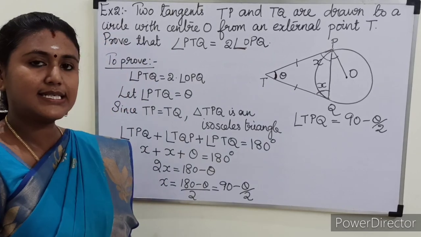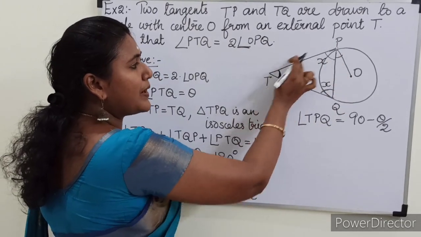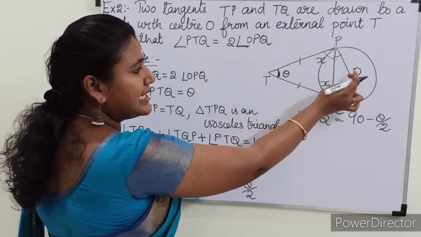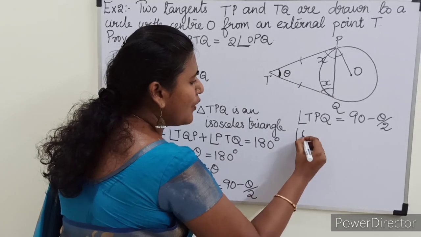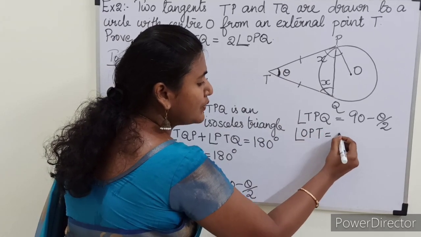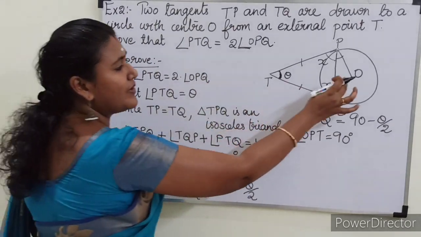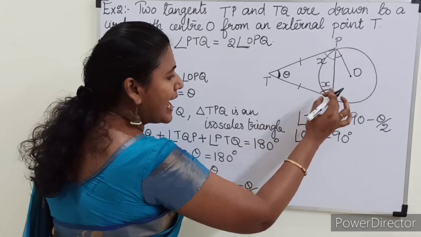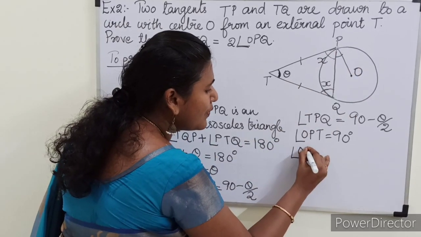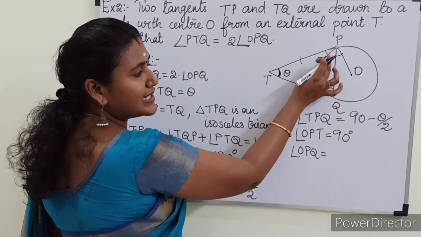Now from the first theorem we know the radius of a circle is perpendicular to the tangent. That is, angle OPT is equal to 90 degrees. But what we need is angle OPQ. So from the full angle we will subtract this portion.